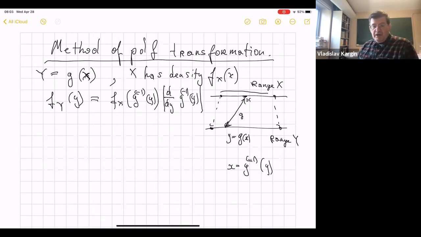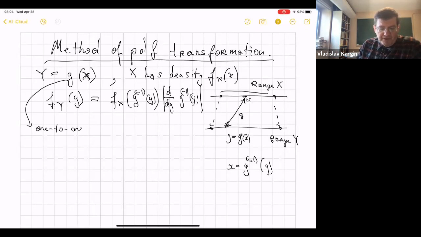Because the size of this derivative measures the amount of stretch, but also up to a sign, we need a positive measure of the stretch. And then here we assume that g is a one-to-one function.